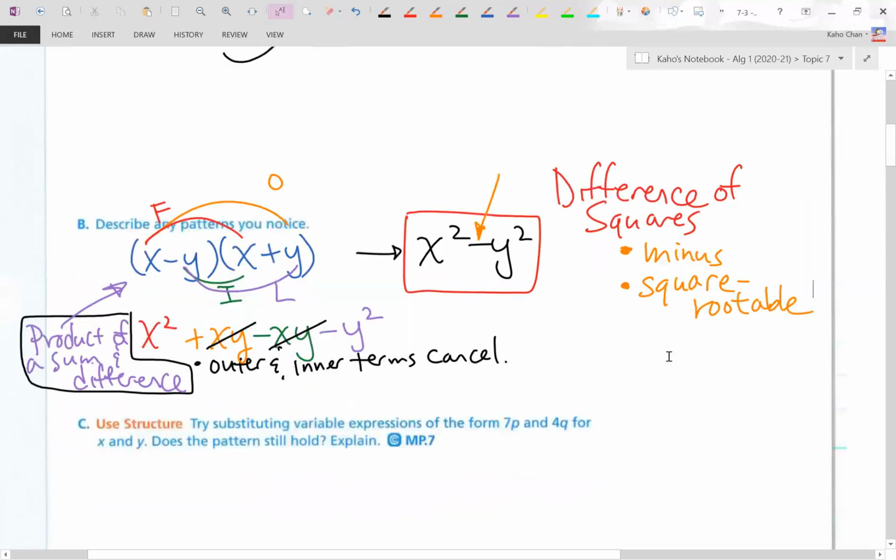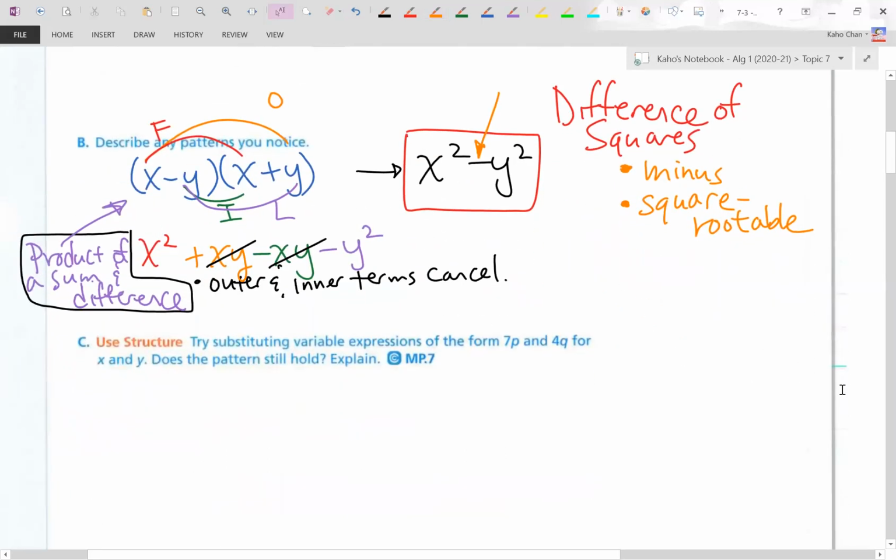All right. Now, a typical one that you might see in the future might be something like this: 9x squared minus 25. Another one you might see as a difference of perfect squares. How about, I don't know, y squared minus 81. That works. z squared. All these perfect squares. Those are called difference of squares.